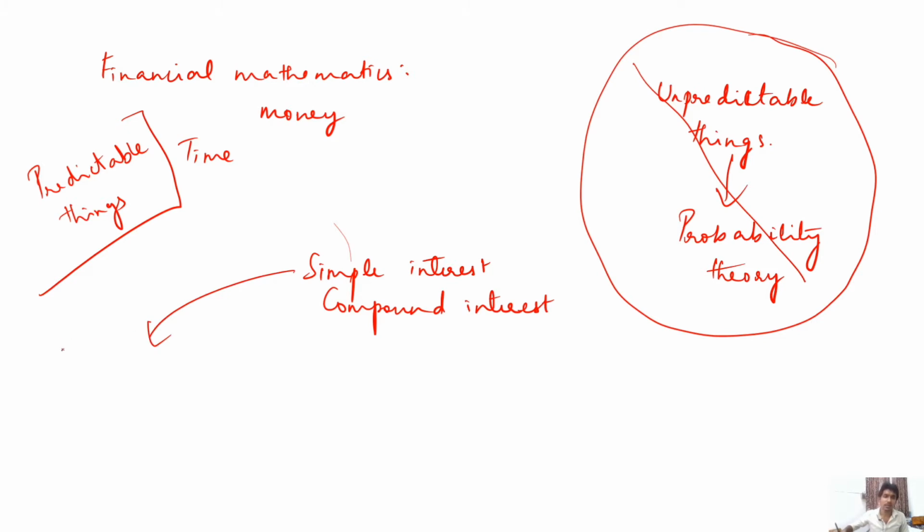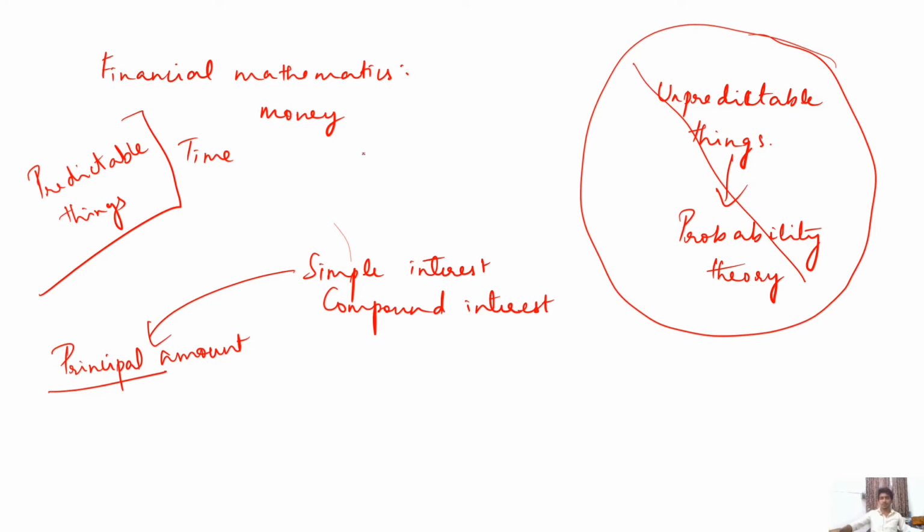In simple interest, we start with an amount that we call the principal amount. The principal amount remains the same throughout the period, be it a year, a couple of years, 10 years, 15 years or 50 years.